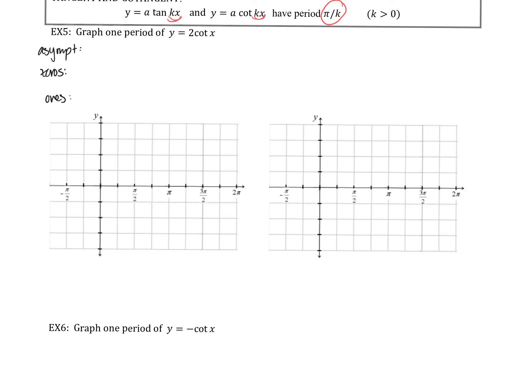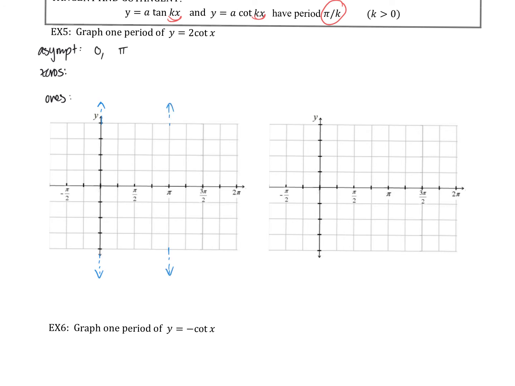As usual, we always start with the parent function. So the asymptotes we found before are at 0 and then at pi. And remember, we're just graphing one period of cotangent. So we have 0 and pi.